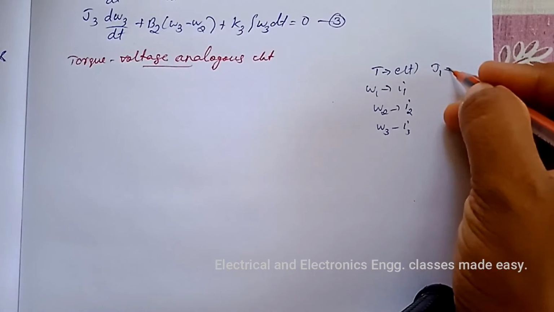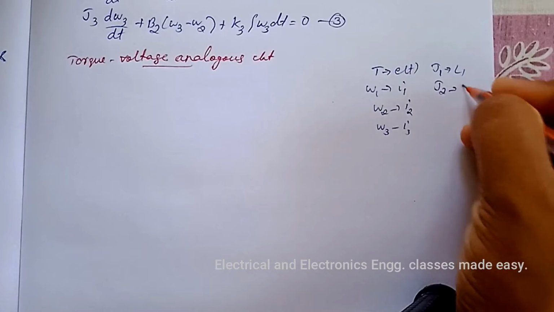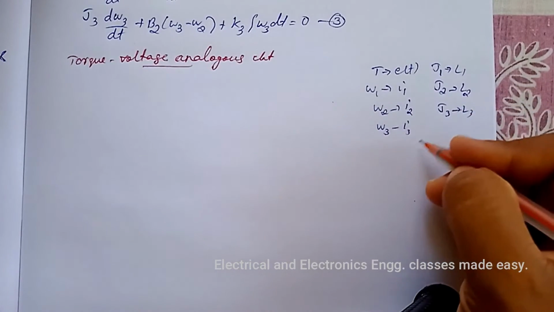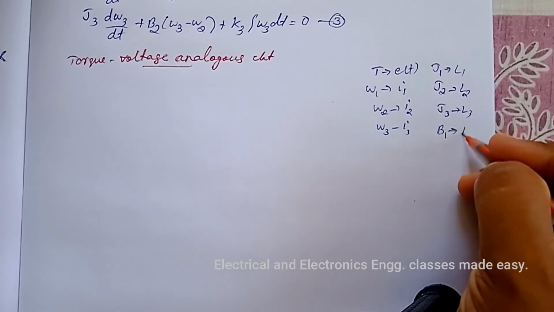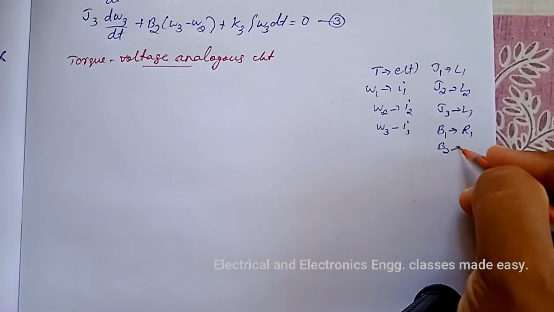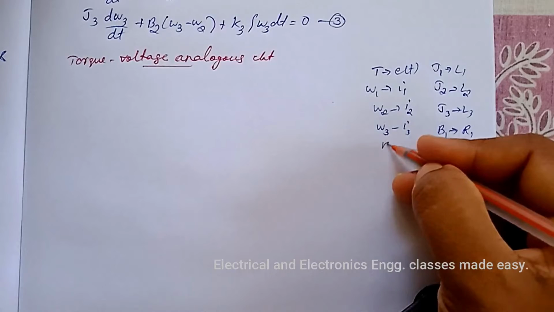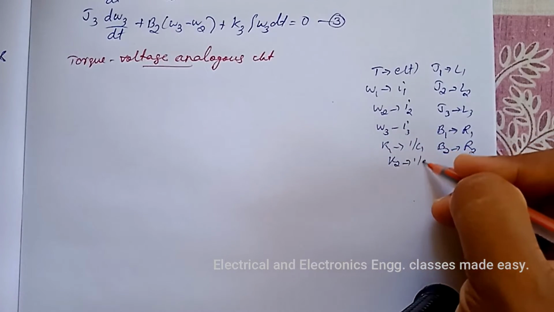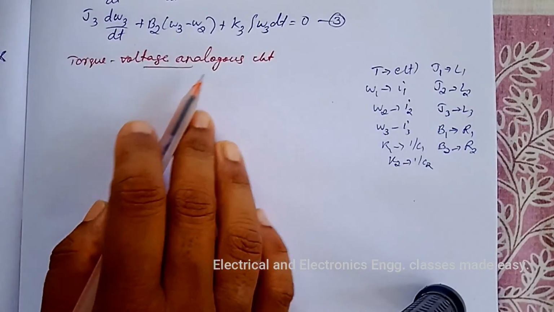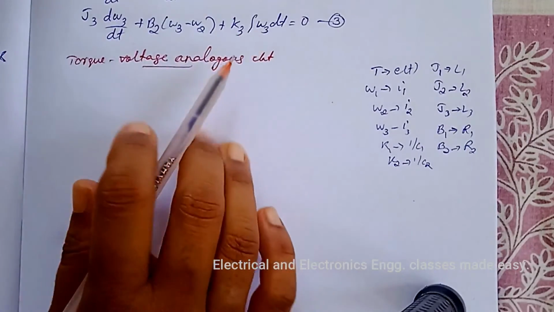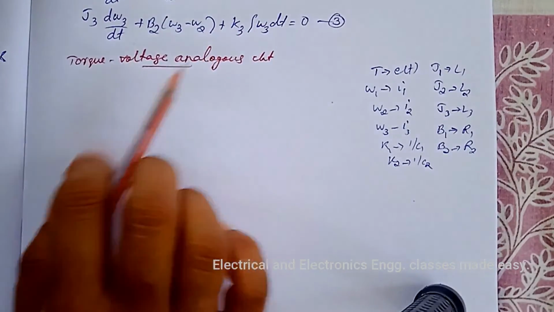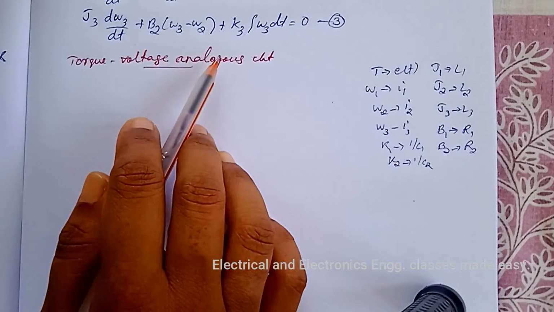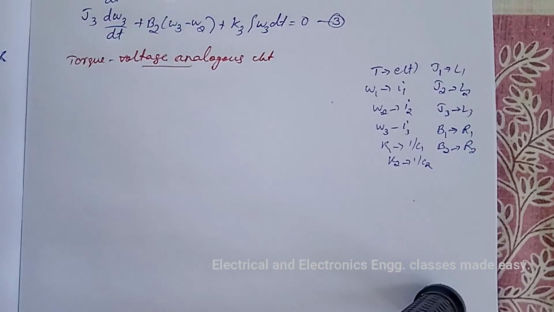Then J1 is analogous to L1, J2 L2, then J3 L3, then B1 is analogous to R1, B2 is analogous to R2, then K1 is analogous to 1 by C1 and K2 is analogous to 1 by C2. Since there are three differential equations, there will be three closed loops in the torque voltage analogous circuit.